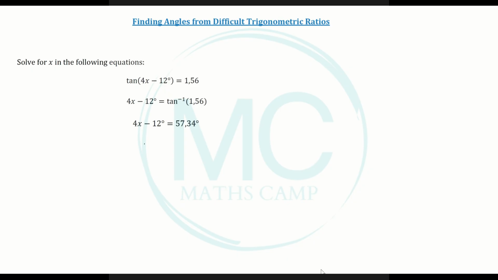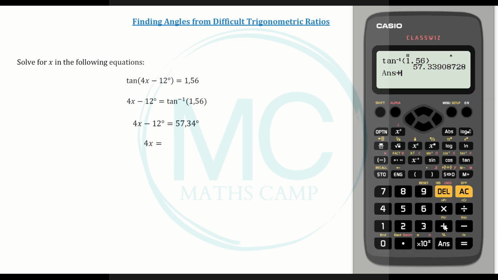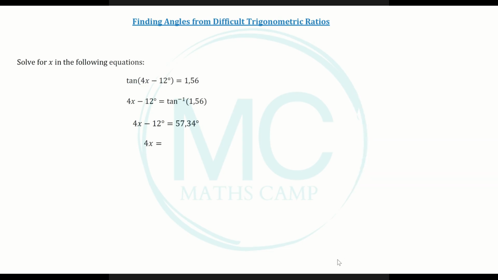The next step is to get 4x by itself. And to do this, we add 12 degrees to each side. So on the left, we have 4x is equal to, take our calculator, we're going to add 12 degrees, and we get 69,339, round off to two decimal places, and we get 69,34. We're almost done.